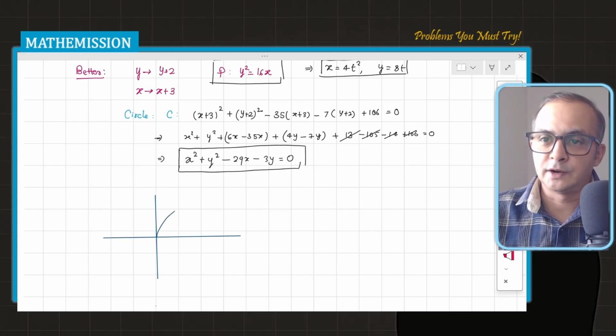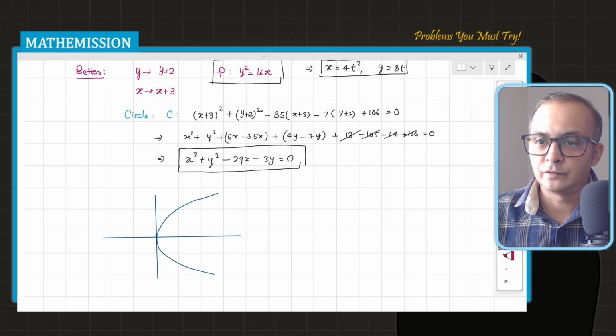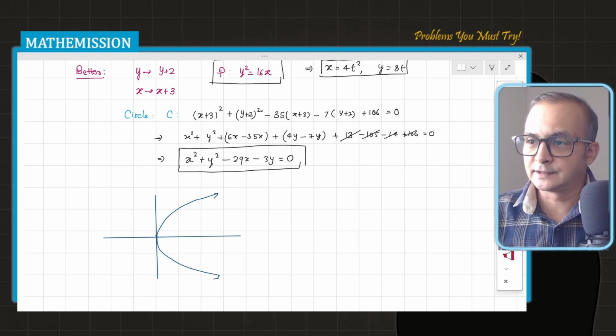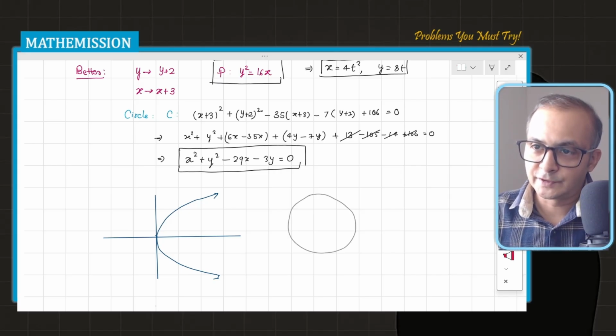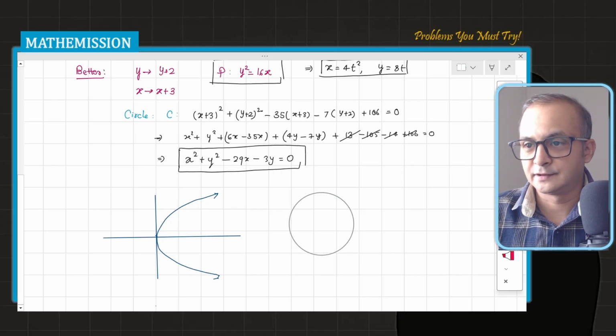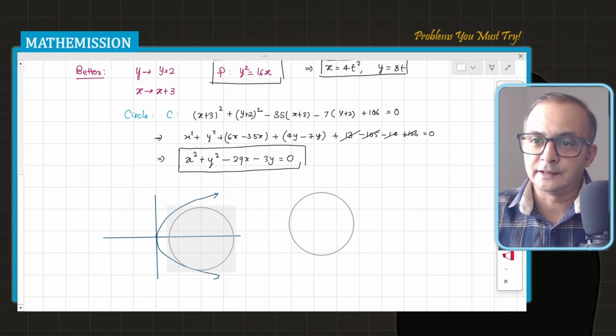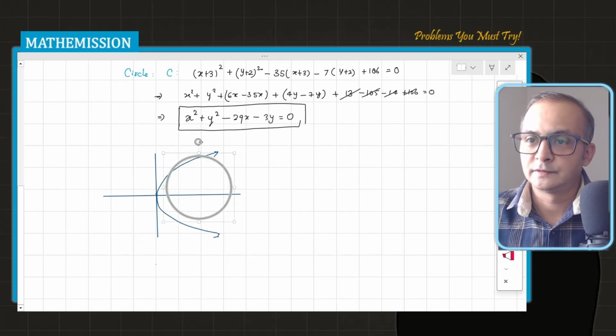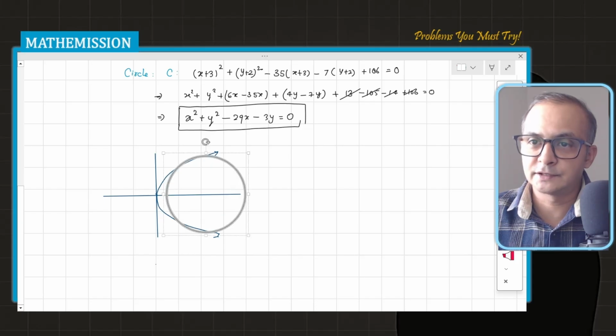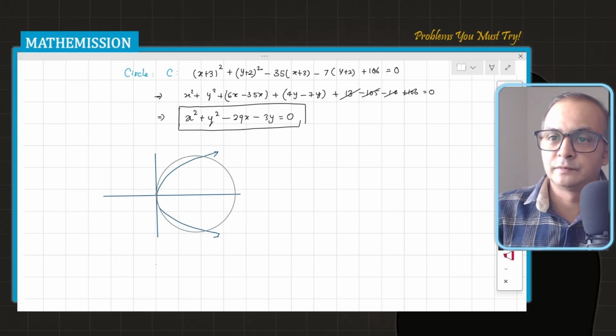This vertex is now at the origin. And there's a circle in the vicinity of this, in such a way that it is intersecting like this. And the circle is passing through the origin, as you know.